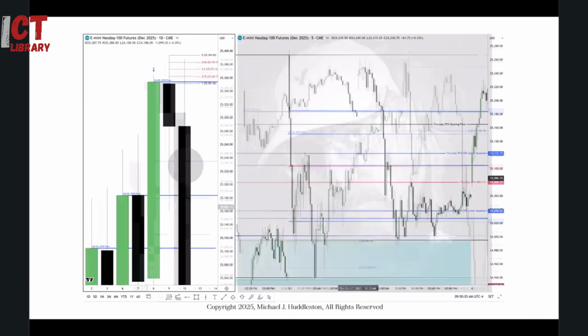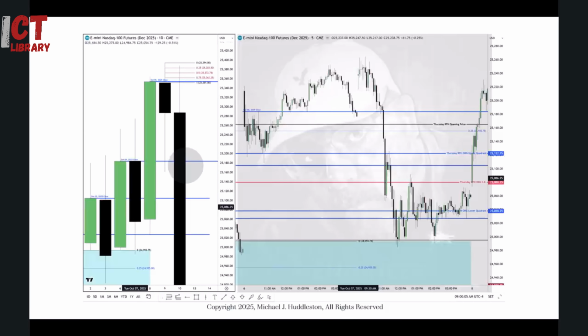So let's move a little bit forward now. We jump ahead and we're looking at Tuesday price action. We open up higher. Again, this is a 5-minute chart on NASDAQ. Usually I show a 1-minute chart, but for the sake of sizing and showing more data, I'm using the 5-minute chart. We have a small gap in here.